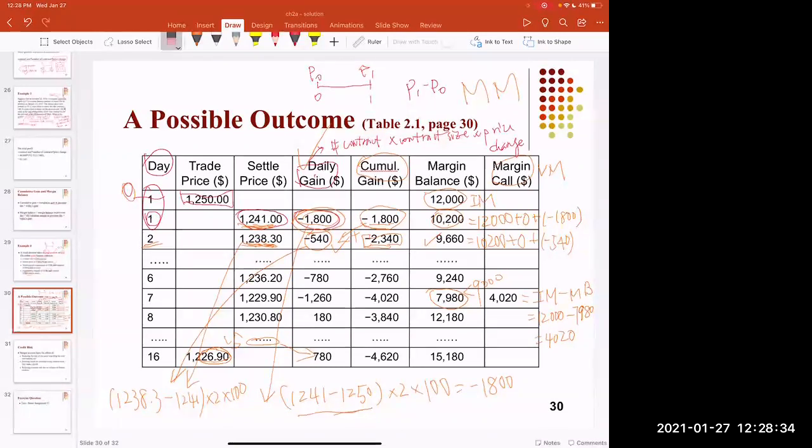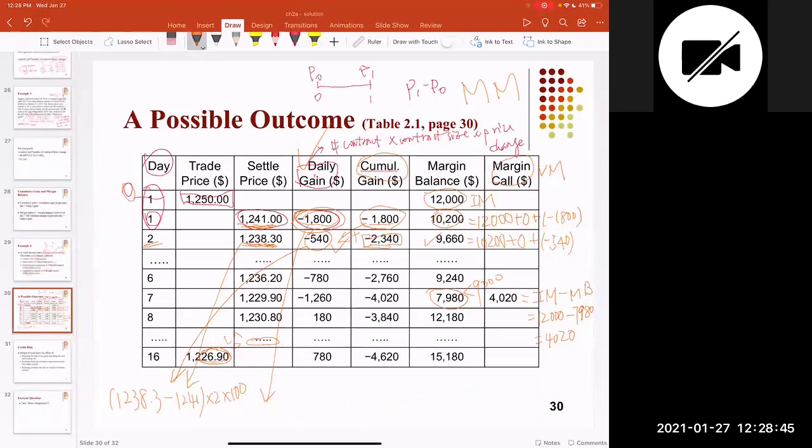And the last thing I would like to talk about is, after you receive the margin call, how you calculate the margin balance the next day. For this case, the margin balance is calculated from the previous day's margin balance, 7,980, plus variation margin.